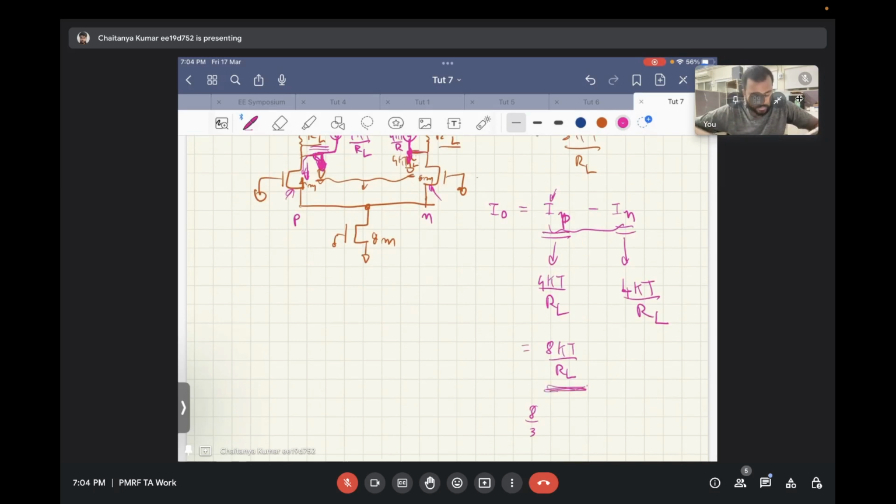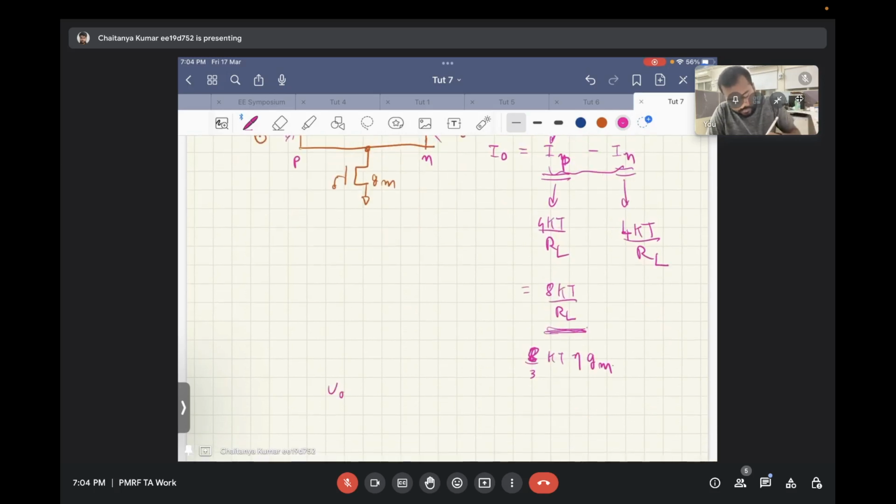So this is just the output noise that we had, and the same thing we will have for the transistor gm as well. That will be 8 by 3 kT times eta times gm.